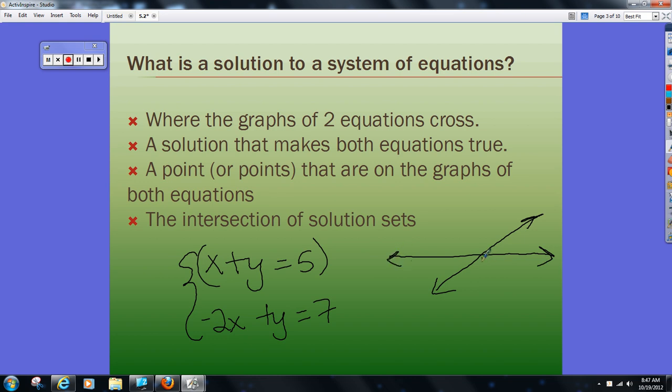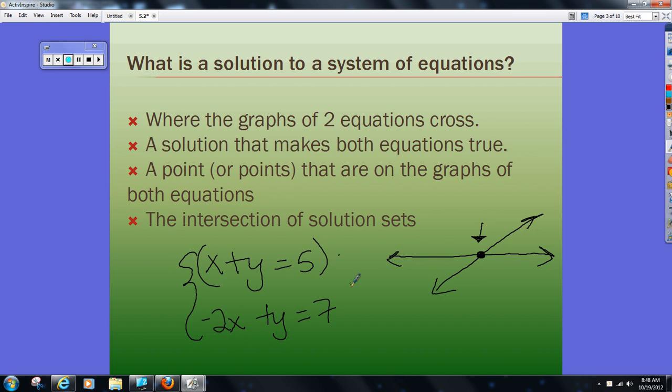But when I graph both of these, when you are solving a system of equations, if I have 2 graphs, when you're dealing with 2 lines, you can have a crossing point. And this point is special because this point makes this equation true because it's on this line. And it makes this equation true because it's on this line. So when you're trying to solve a system of equations, you're trying to find the one point, and there could be more than one, we'll talk about that later, that makes both equations true. If it's lines, there's just one. If you have something that's not a line, then there could be more than one.